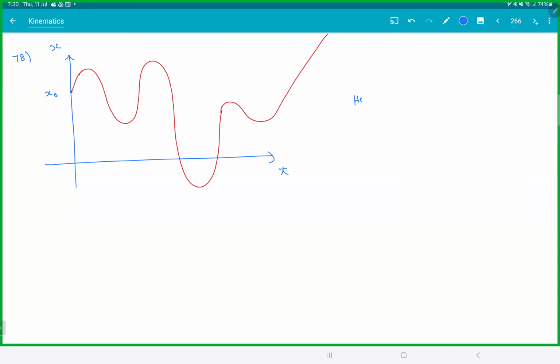So the question is, how many times velocity becomes zero? Again, when I say velocity, instantaneous velocity. Average velocity becomes zero.